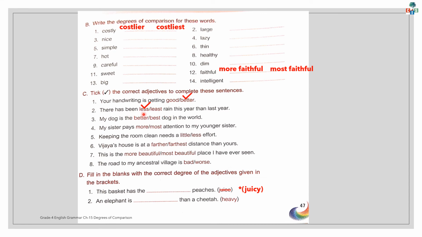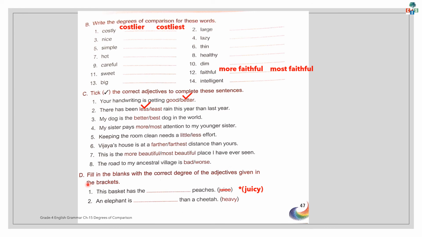There has been less rain this year than last year. One more thing, children: whenever the word than is used, it means we have used the comparative degree. Understood? Little, less, least. Less is for the comparative degree and least is for the superlative degree. So try to get the correct adjectives for the rest of the sentences.